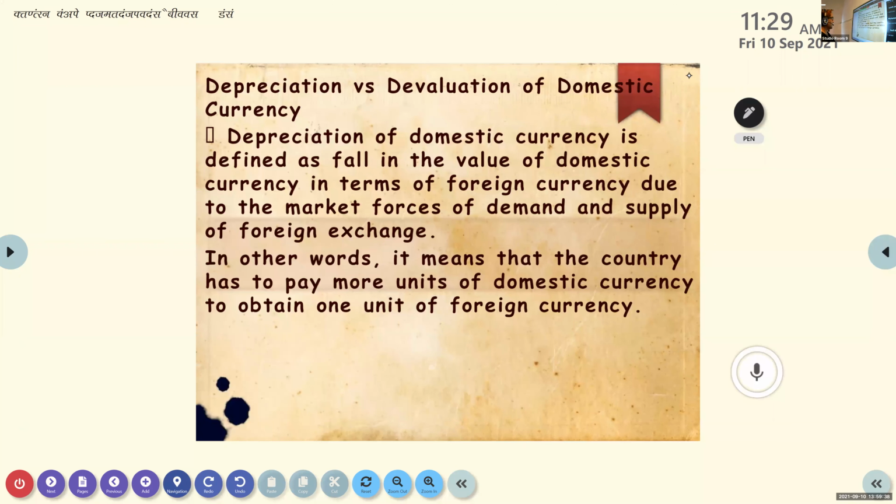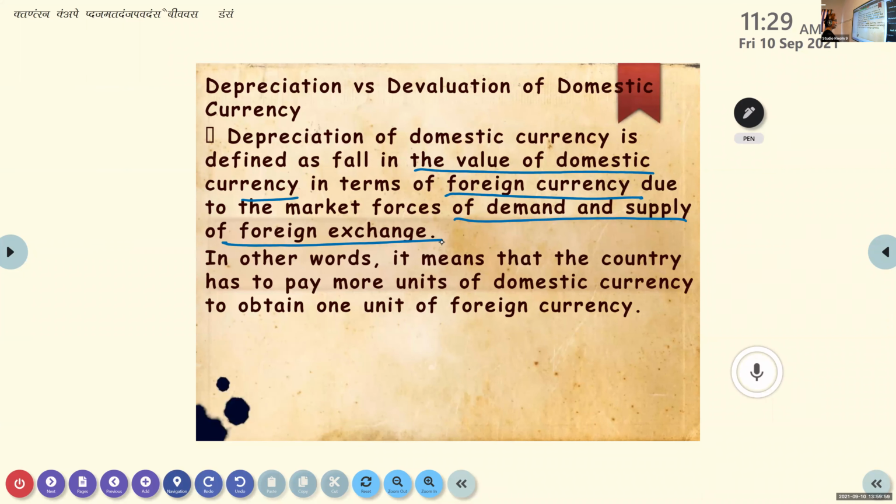So depreciation of domestic currency means the value of domestic currency is getting reduced in terms of foreign currency. Why is it getting reduced? Because of demand and supply of the foreign exchange.